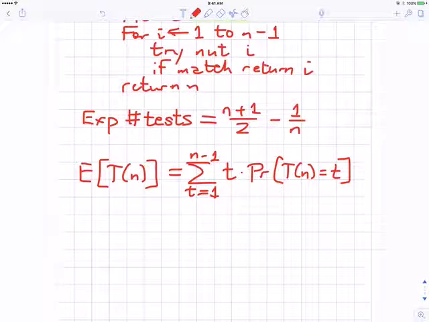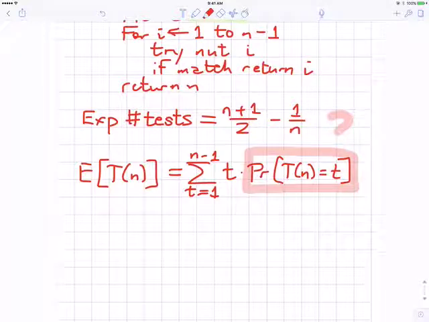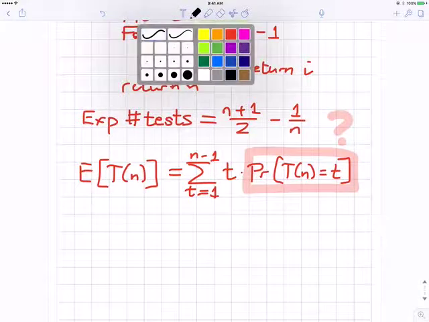Namely, Google for Wolfram Alpha, plug it in. But in principle, we'll end up with something that we know how to solve. The only question is, what's the probability that this algorithm performs exactly t tests?